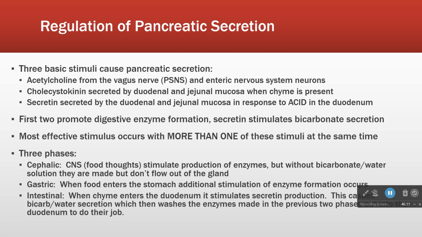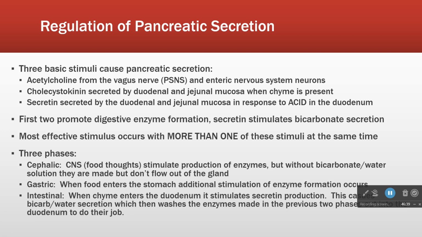So when chyme starts to enter, we get secretin production. Now our bicarbonate solution is being produced. The enzymes, which were made from the cephalic phase, once secretin comes on board, get washed into the intestine. Those enzymes enter the lumen where they can do their job, and those two things together then initiate digestion.